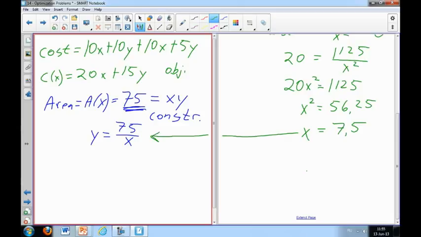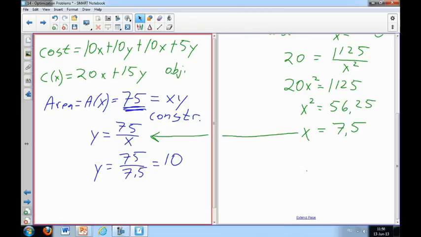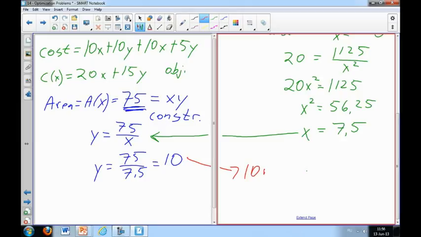So our y is equal to 75 over 7.5, so that must obviously be 10. So now we know that the new addition is going to be 10 meters by 7.5 meters. That'll give us our maximum area and our minimum cost.